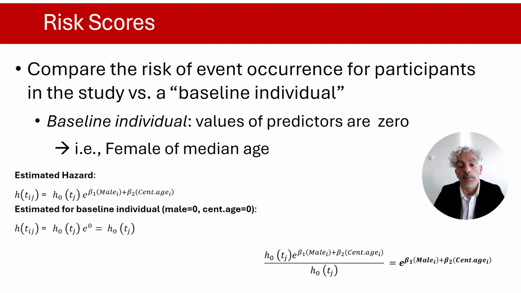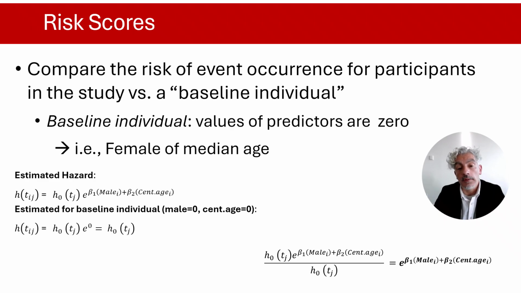The risk score can be calculated by considering the transformation of the Cox model equation. So here I put the Cox model expressed as a hazard function. If we consider individuals that have non-zero values in the predictors, the estimated hazard function of this individual is equal to the exponentiation of the sum of the beta coefficients multiplied by the value of the predictors.